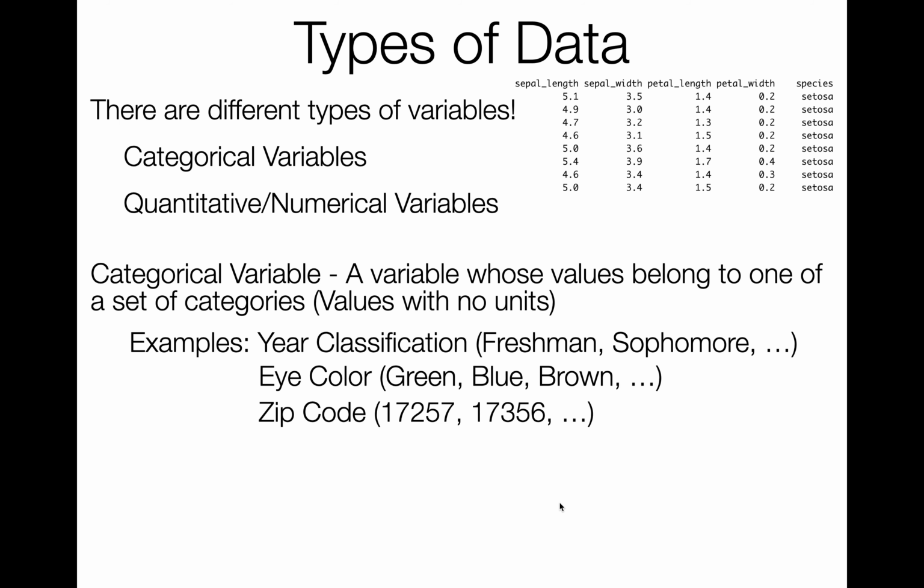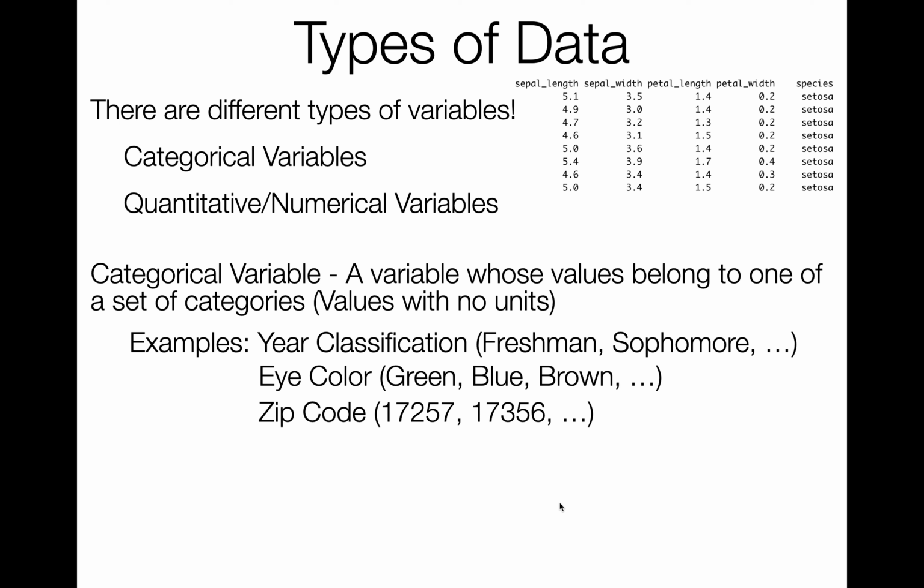And then the last one that I want to show you is a more tricky categorical variable, and that is a zip code. The Shippensburg zip code is 17257. I grew up in 17356. The values of a zip code are numbers, but that doesn't mean it's a quantitative variable.